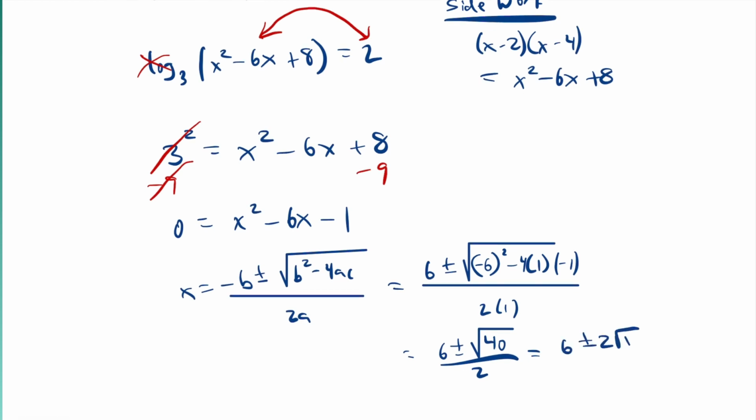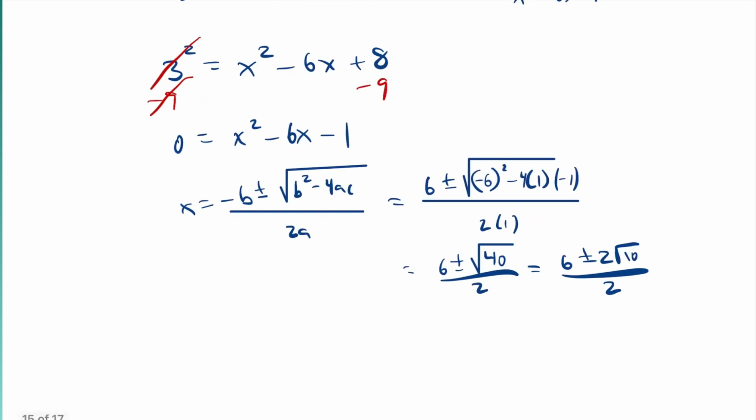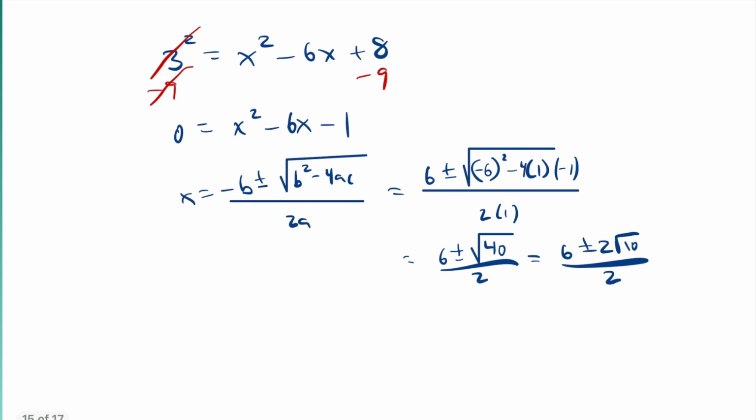And notice that you can factor out a common factor of 2 from the numerator. So I factored out a 2 from the numerator in order to cancel the denominator out. So you would have to do that in order to simplify.